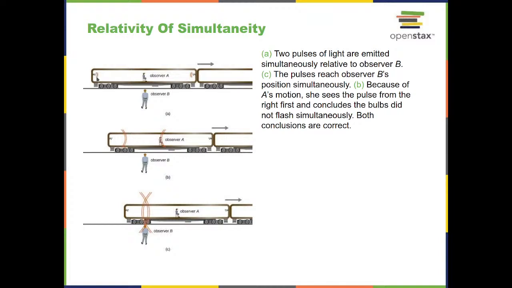The time difference between those two events will depend on the observer. So in this case, for observer B, the event of emitting light at the back of the train and the event of emitting light at the front of the train are simultaneous. Delta t is equal to 0 between those two events. For observer A, those are not simultaneous events. For observer A, there will be a time difference between when the lights were flashing.